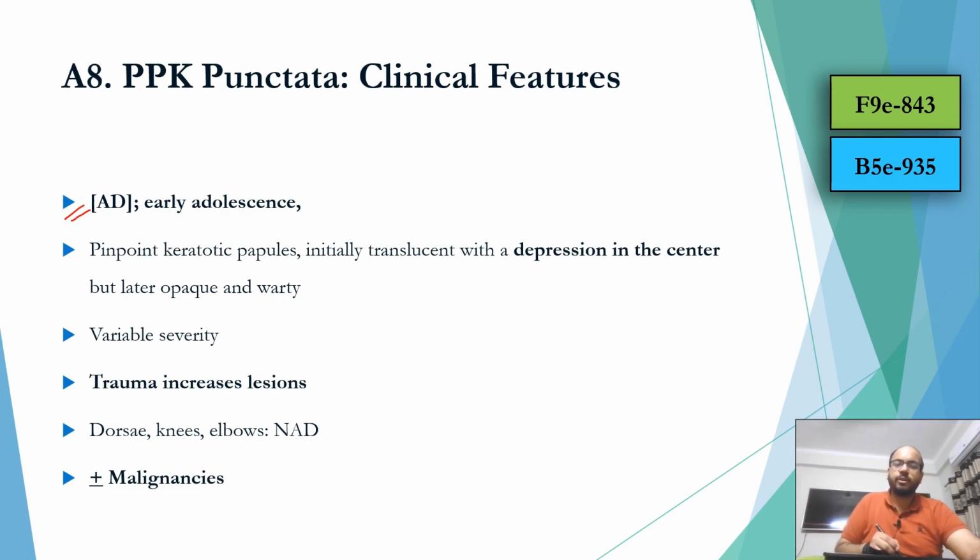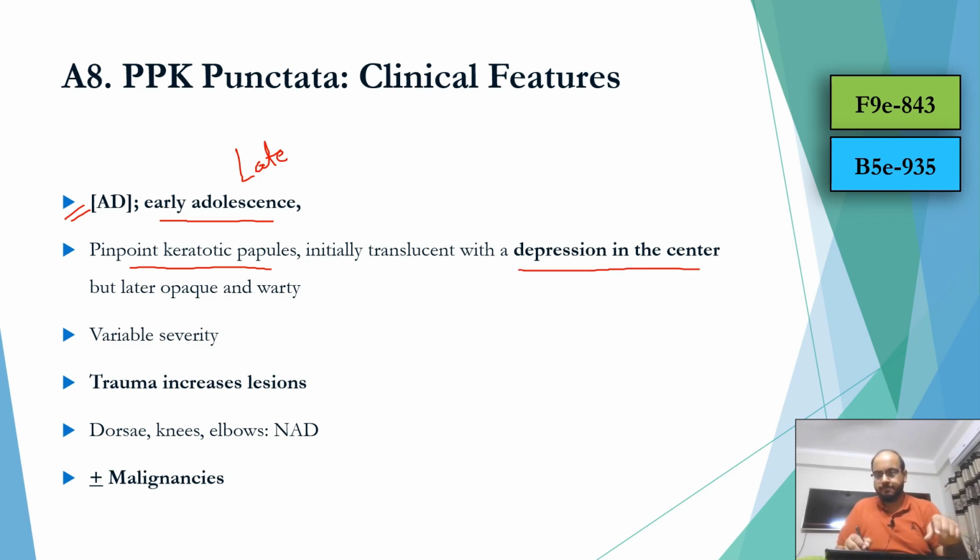It's an autosomal dominant disorder, starts in early adolescence. So previously we have read that it starts at birth or onset is early, but this is a more late onset type PPK. It starts in adolescence. There are pinpoint keratotic papules, and they may have a depression in the center.